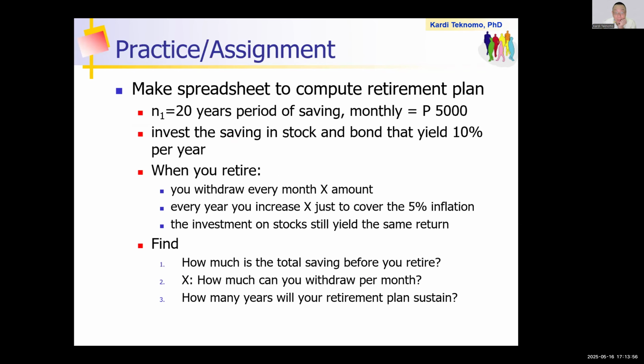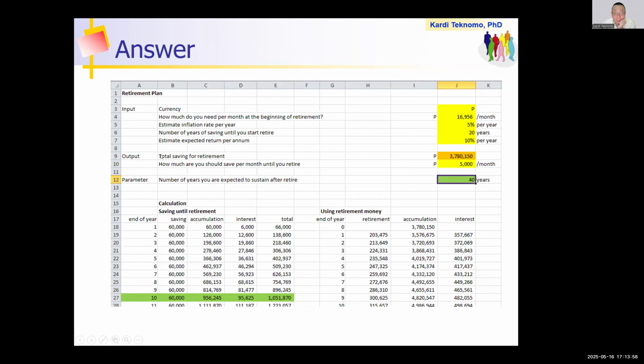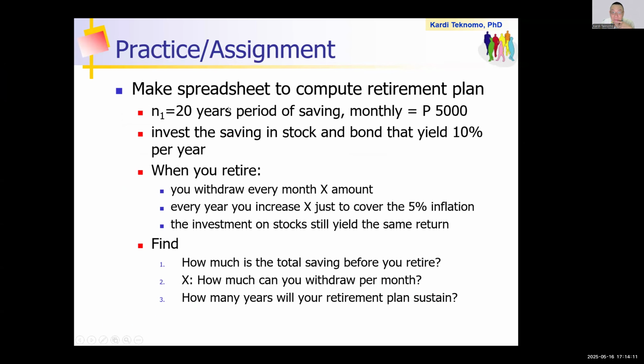So I give you an assignment to compute your own retirement. This is an example of a retirement calculation. If you have, for example, how many years your age is right now, and how many years you can save, and monthly how much, for example, 5,000 pesos.